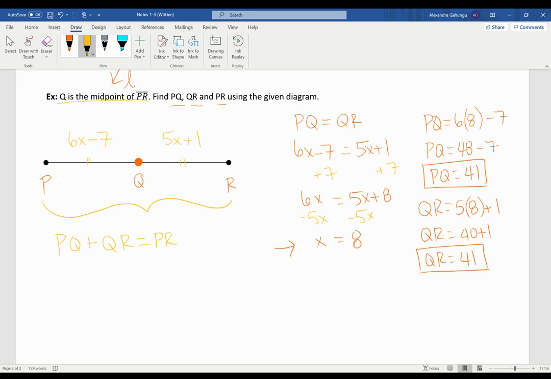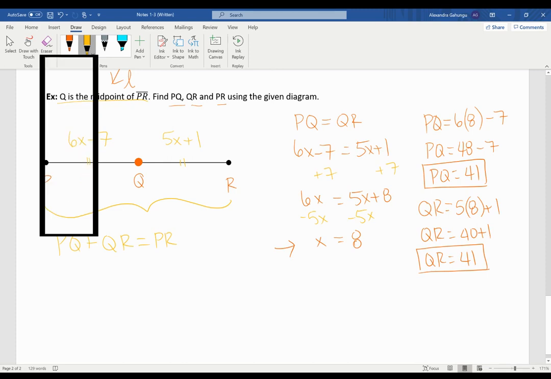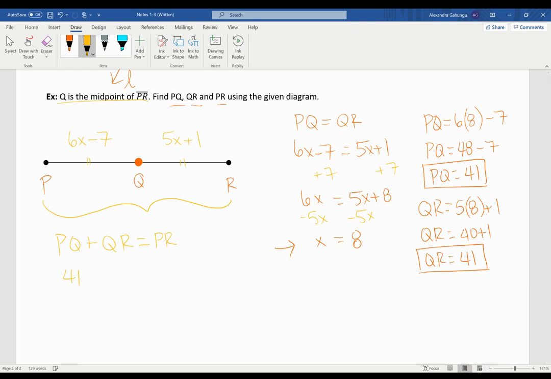So part plus part equals the whole is the whole idea of the segment addition postulate. And I know that PQ and QR are both 41, as they should be because they're equal. So then that means PR equals 82. And we'll practice this more in class.